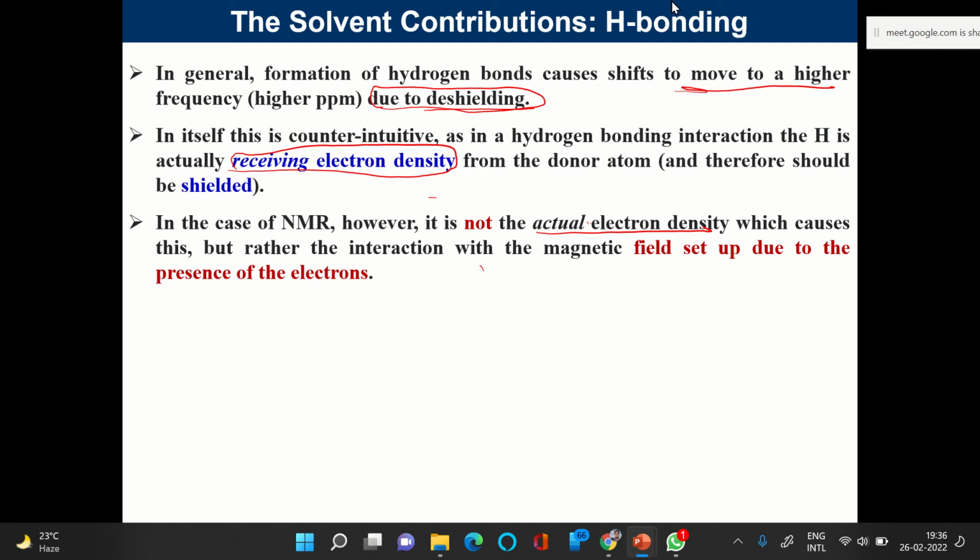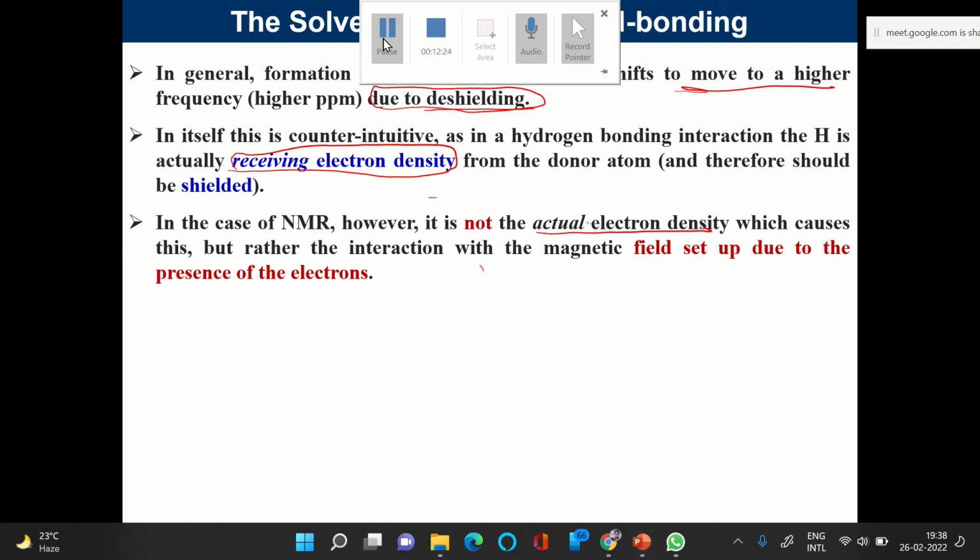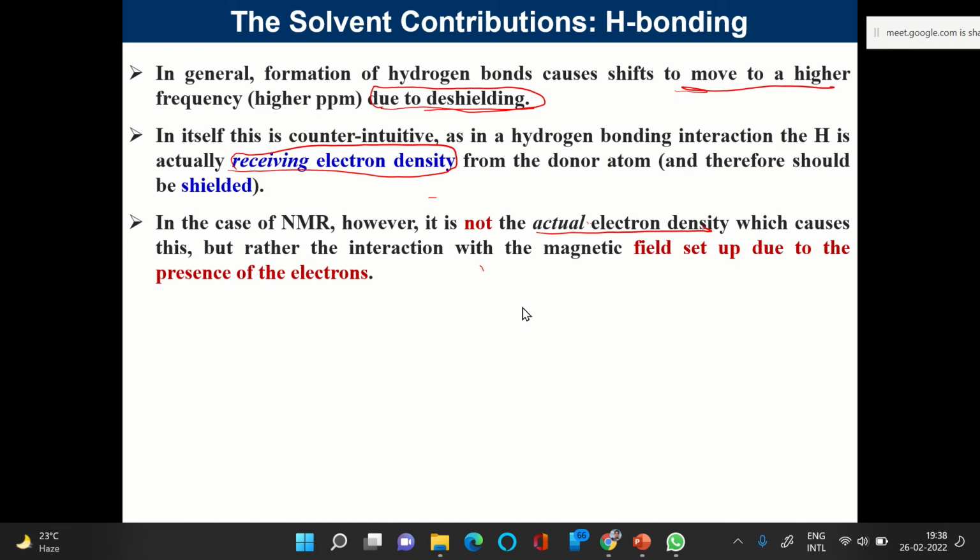Okay, so the important thing was that the de-shielding that is happening, we have to think of in this term, the field that is set up due to the electron, not the actual electron density which is coming closer to it. So instead of thinking of interaction with the electron, we have to think in terms of interaction with the magnetic field that the electron sets up. Okay, this is more important. So not the electron density but the magnetic field that is set up and the effect that it will have.